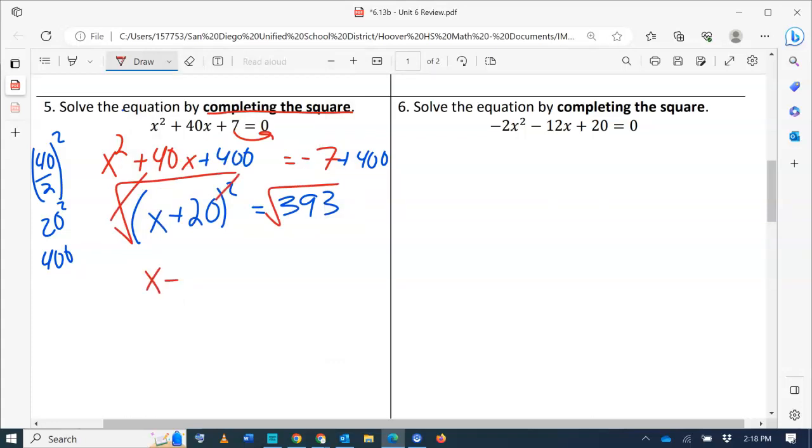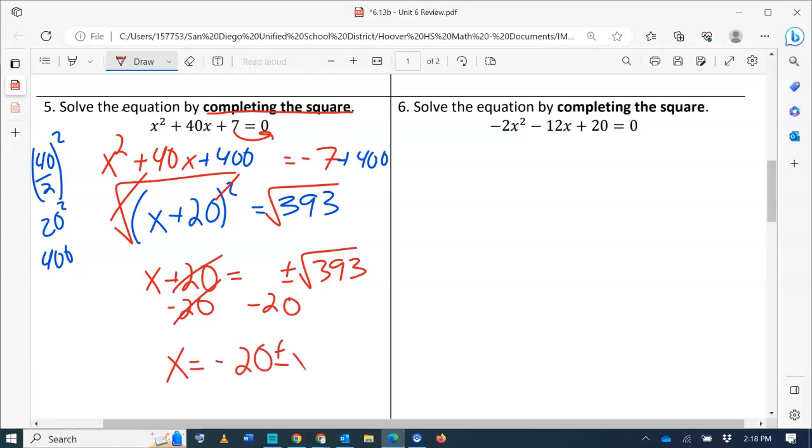So we're left with x plus 20 equals the plus and minus square root of 393. That's a decimal, so we'll leave it like that. And last, we subtract 20 from both sides. So that cancels that. X is equal to -20 plus minus the square root of 393.